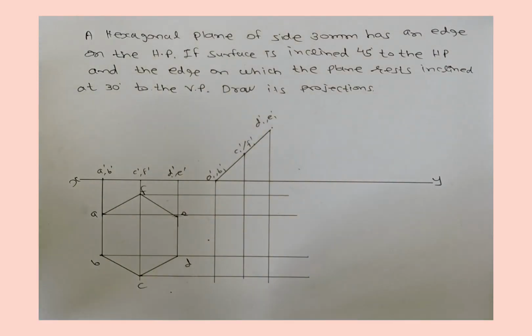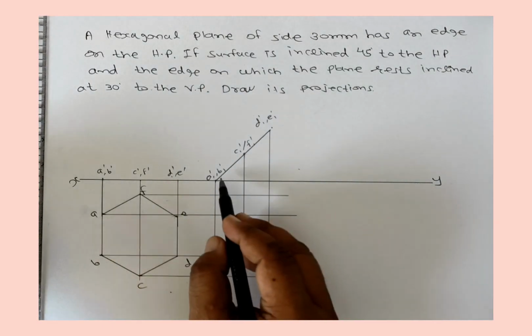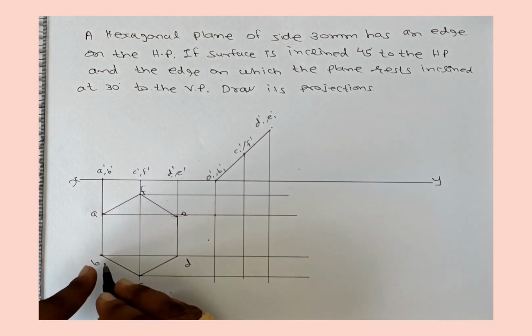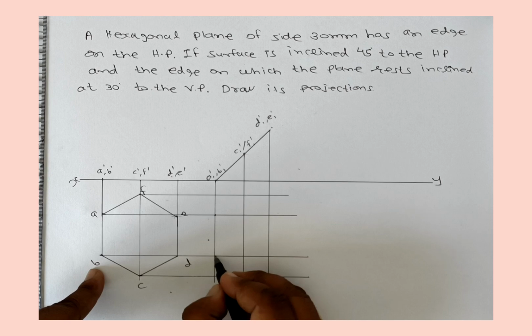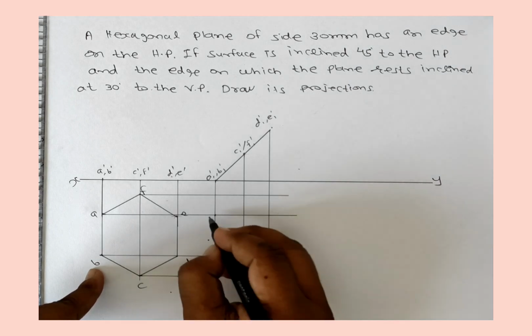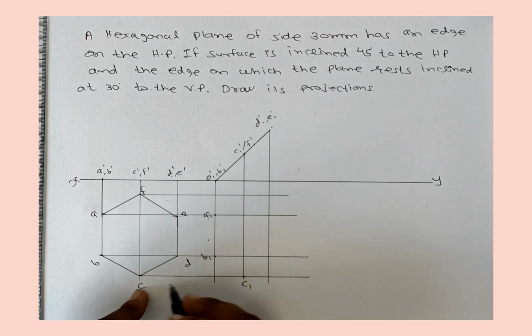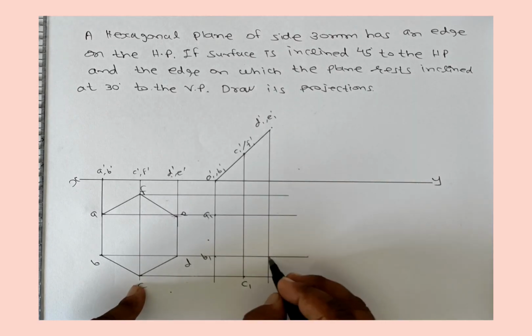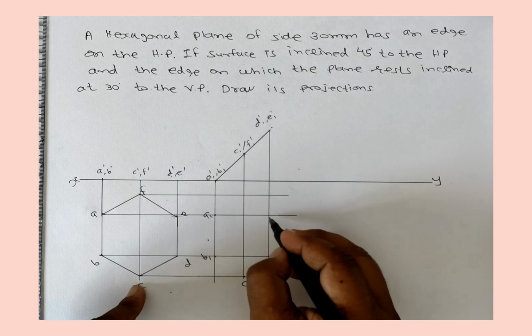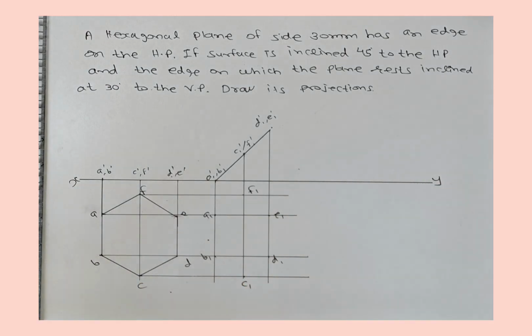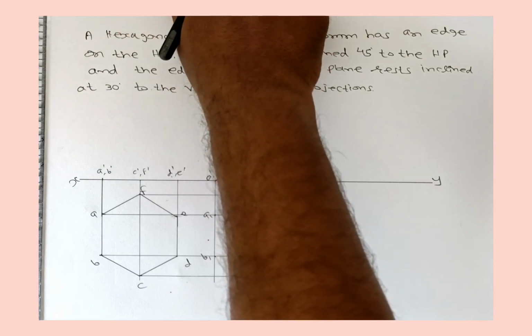Okay students, now you have to check A1 dash and A dash intersection point is this, then B and B1 dash intersection point is this. So you can write down A1, this is B1, this is C1, this is D1, E1 and F1. Now you have to join all the points.